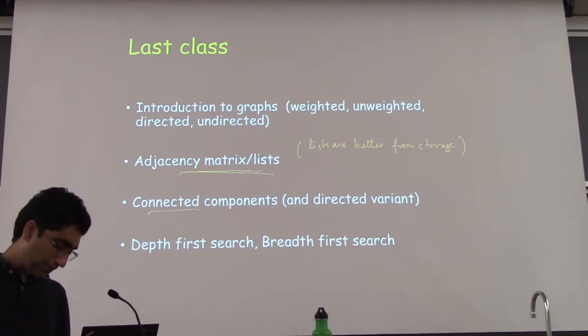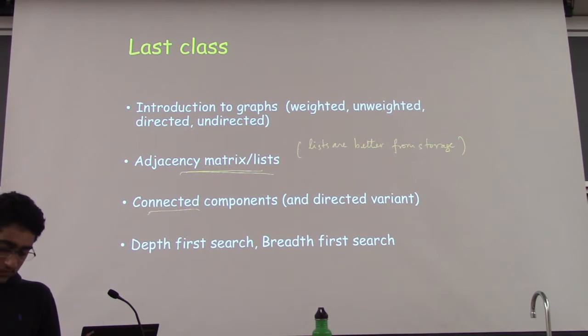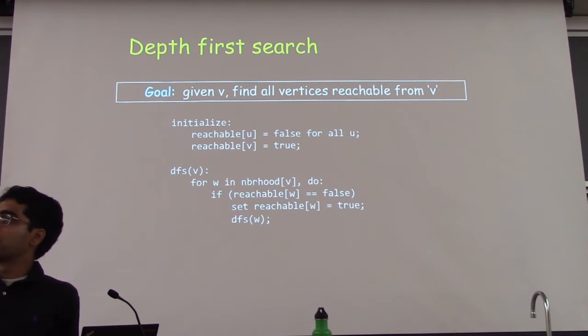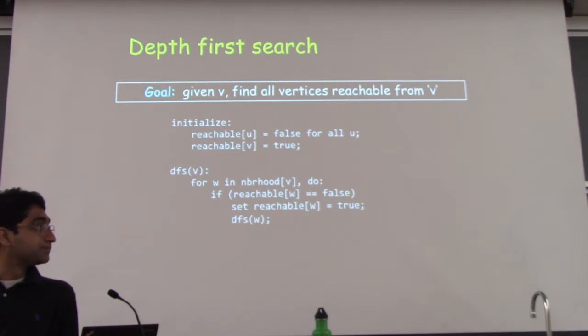And so we also saw depth first and breadth first search. Just to recap, depth first search: here the goal is you are given some vertex V and you want to find everything reachable from V in this graph. It doesn't matter if the graph is directed or undirected.